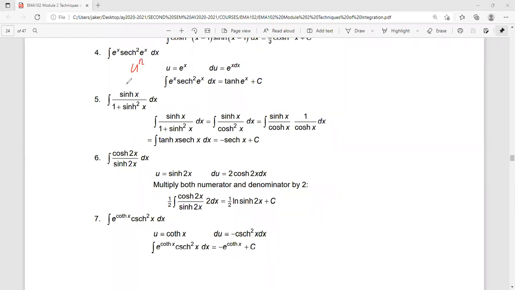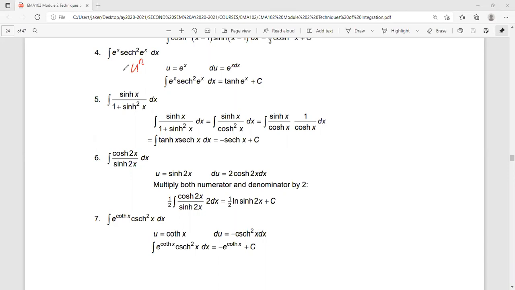But the thing, class, is the derivative of the hyperbolic secant of u is hyperbolic secant u hyperbolic tangent u. So if you think this would be using power rule, you cannot, because the derivative of the secant alone will be a combination of the hyperbolic secant and the hyperbolic tangent.